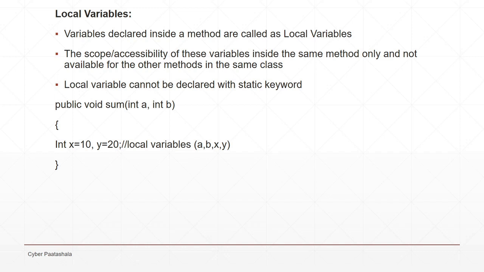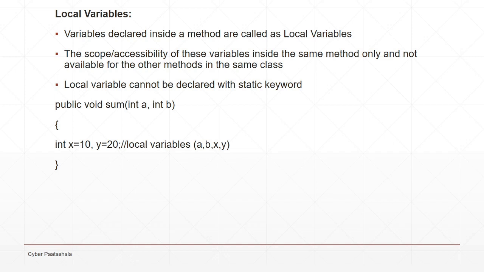So the variables declared inside sum, a and b, won't be accessible by the mul method, and the variables declared inside mul, x and y, won't be accessible by the method sum. A local variable cannot be declared with a static keyword. We'll see what a static keyword is while we are discussing the keywords in Java.